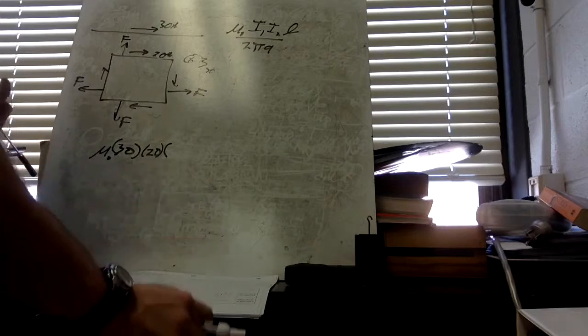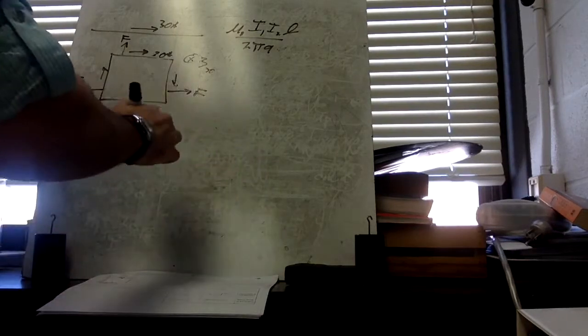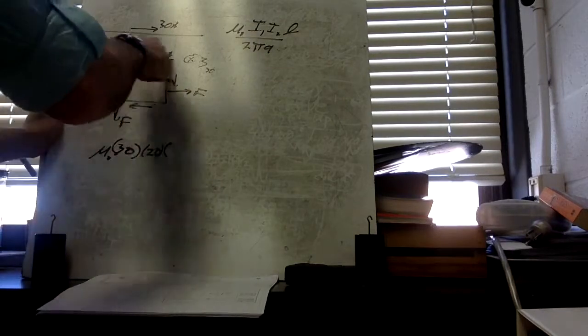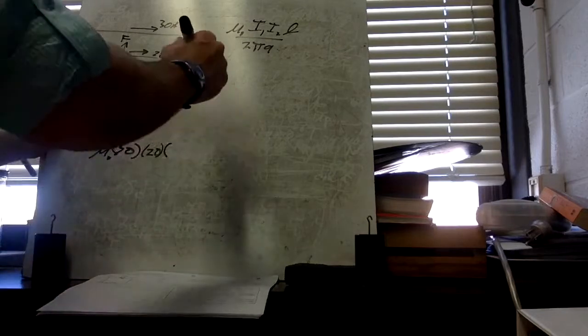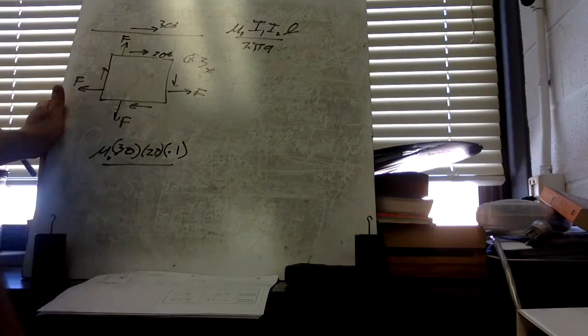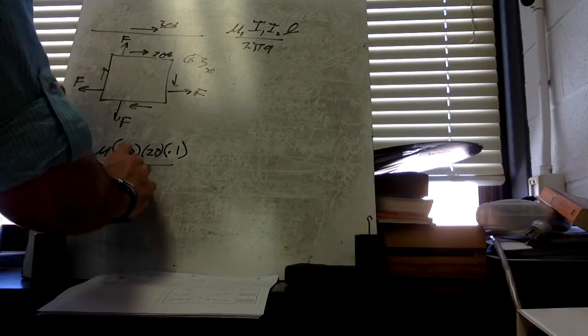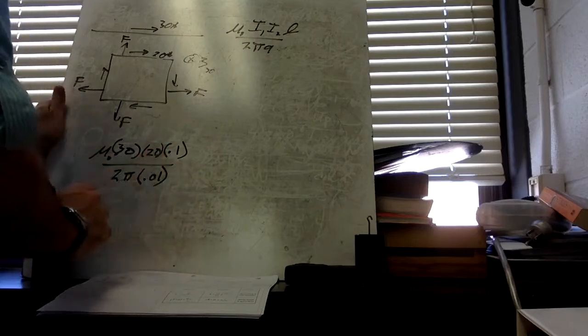Yeah, this distance is 0.01, or no, that's the one on the bottom. Oh, the length here, sorry, is 10 centimeters, so that's 0.1 over 2 times pi times 0.01.